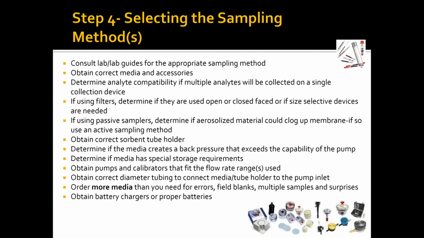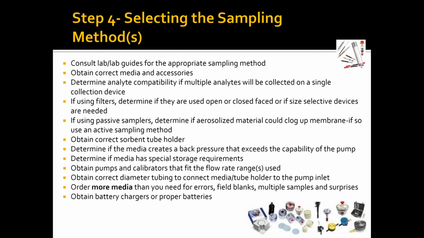Selecting the sampling method. This is probably the most challenging for a lot of people. Getting the equipment is not that difficult, but in order to get the right equipment, you've got to know what sampling devices you're going to use. And I'm talking here about active sampling methods where you have a pump and then some sort of collection media.